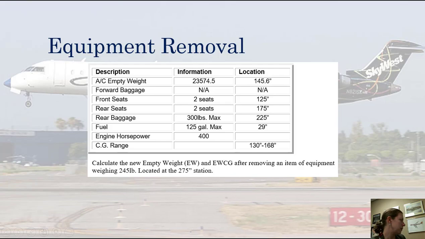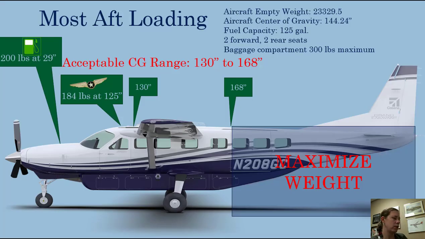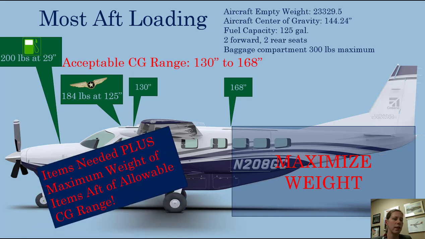So going back to our adverse calculation here for aft, the rear seats at 175 inches, we're going to maximize those because we have our items needed, pilot, fuel, airplane, plus the maximum weight of anything aft of our allowable CG range. So our CG range stops at 168 inches.